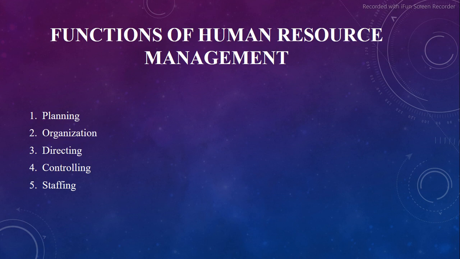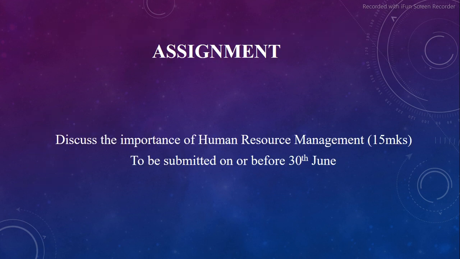We also have controlling and staffing. Staffing, this consists of hiring the right employees in the organization and making sure that each person is placed in his or her position that he or she can perform well. So these are the functions of the human resource management.